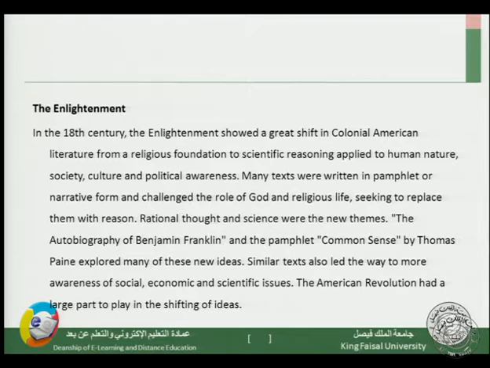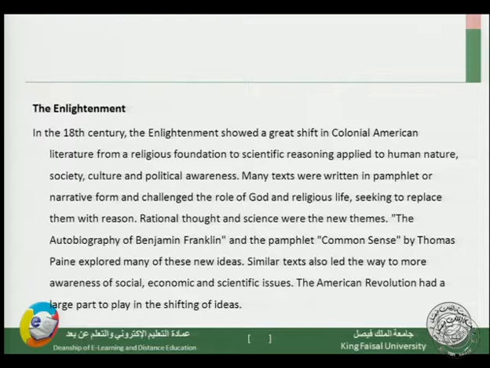Then we come to the last aspect, the Enlightenment: the awareness, the change in knowledge, and being aware of a lot of new things, new discoveries in all sides of life, socially, scientifically, geographically, and politically, in the 18th century.